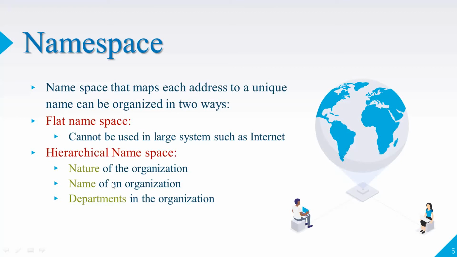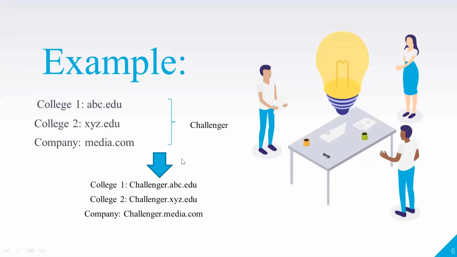Here, the name is divided into three parts. The first is the nature of the organization. The second part describes the name of the organization. And the third part describes the departments in the organization. Take for example two colleges and one company, each with a separate website address.